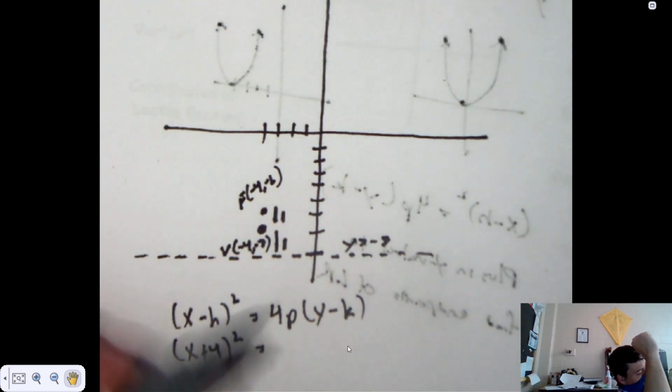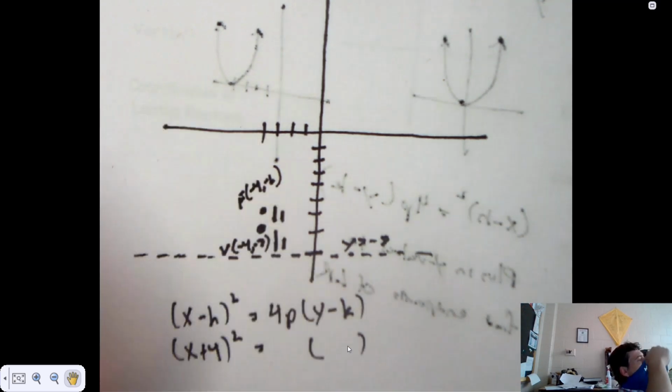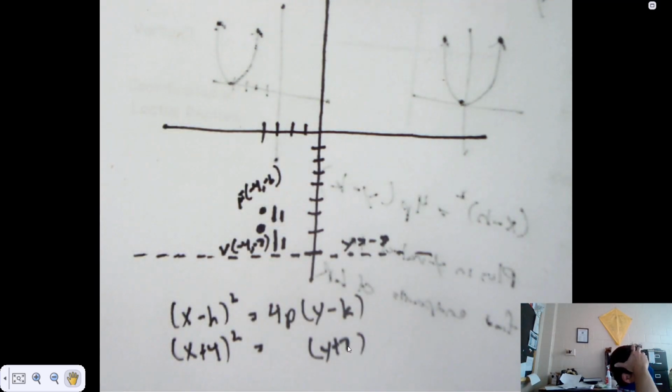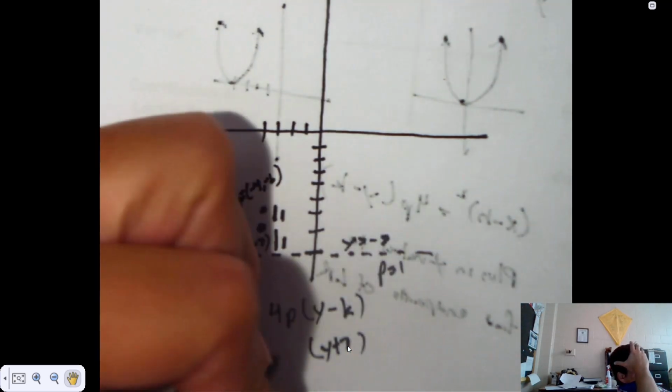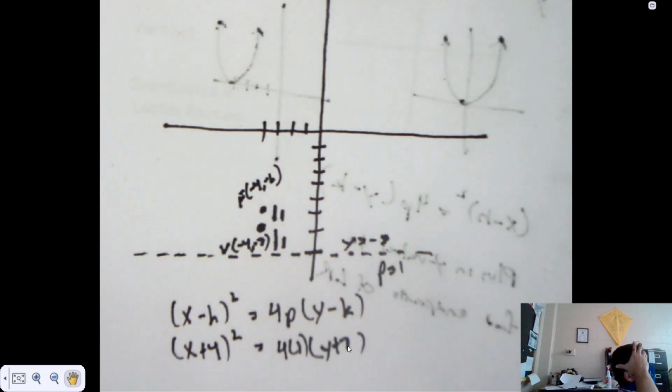I'm going to leave this 4p spot blank for a second. Y what? 7. How do I figure out the number that goes in front of that thing? P is 1, right? So 4 times 1. There's your equation.